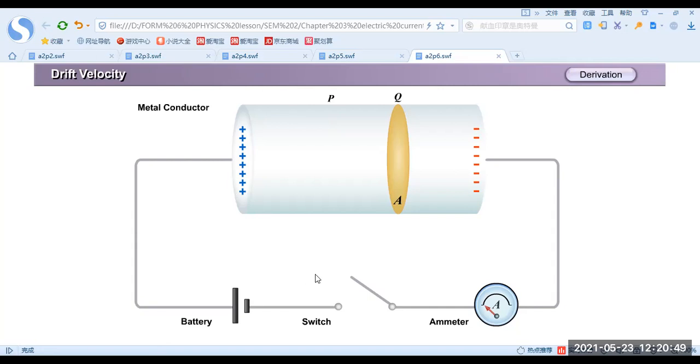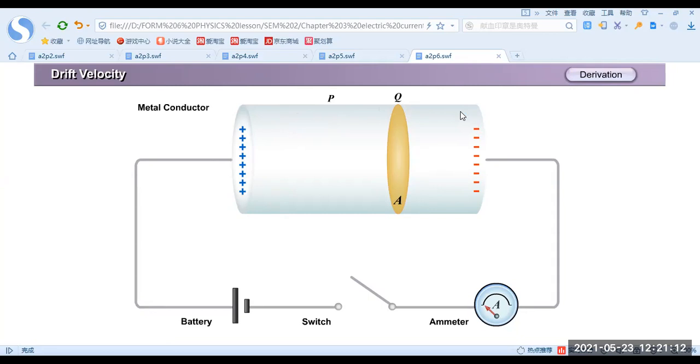Okay, now we go to the conductor. We notice the positive terminal and the negative terminal, and also don't forget the cross-sectional area. We consider this cross-sectional area to be uniform.